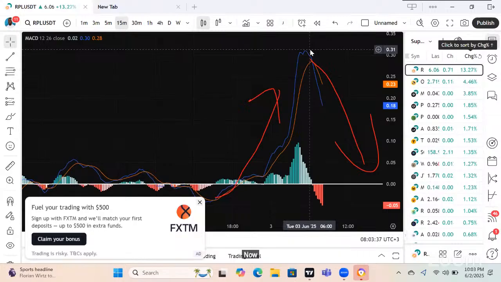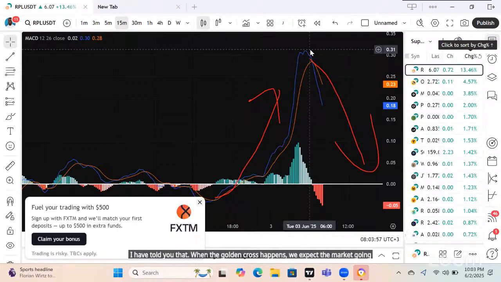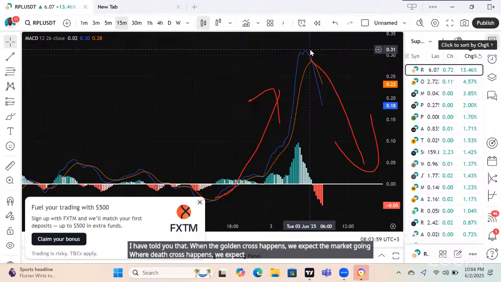Now, second step is how do we operate this indicator? Number one, I have told you that when the golden cross happens, we expect the market going up. When a death cross happens, we expect the market going down.